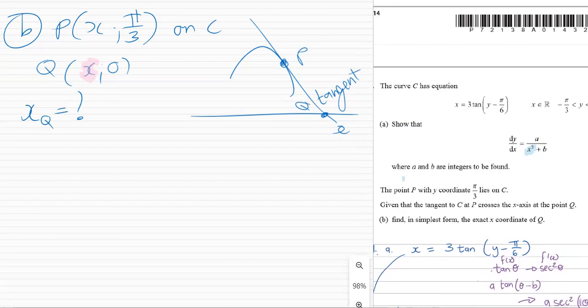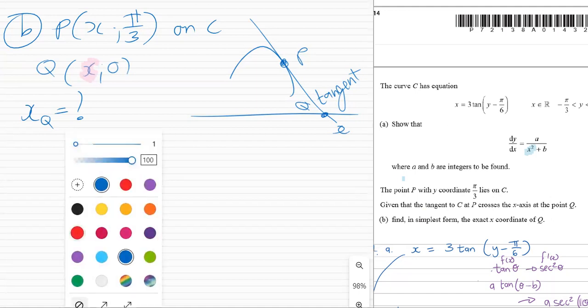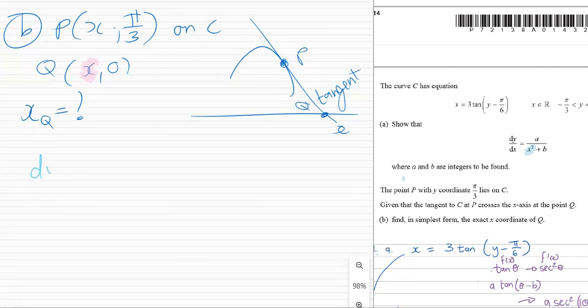So immediately I start thinking, what do I know about tangents? Usually we use the first derivative. We had the first derivative from part A of the question. So I'm thinking to myself, I'm going to be using the first derivative from part A. So let me grab that information.